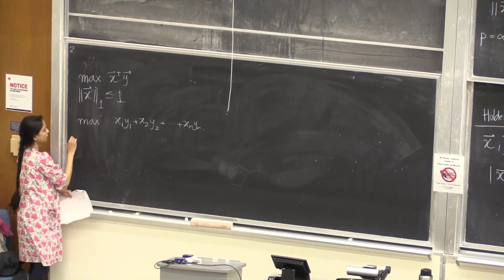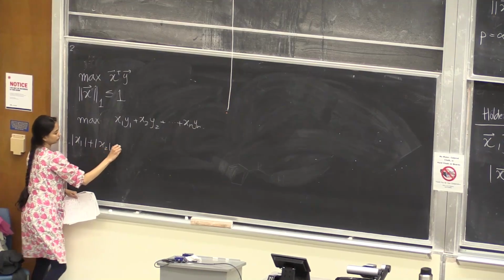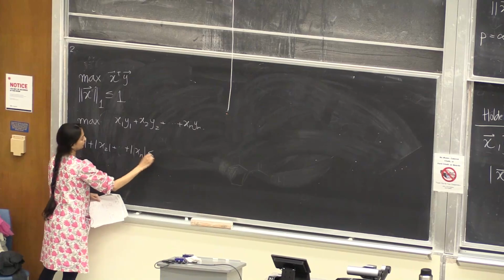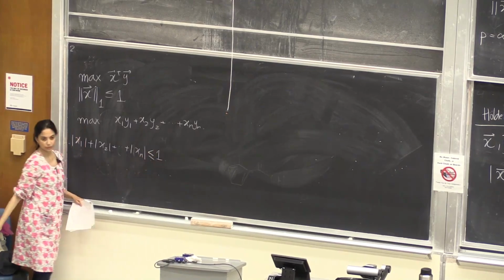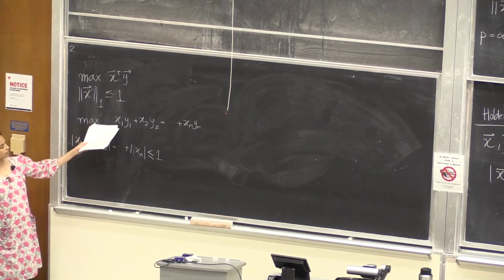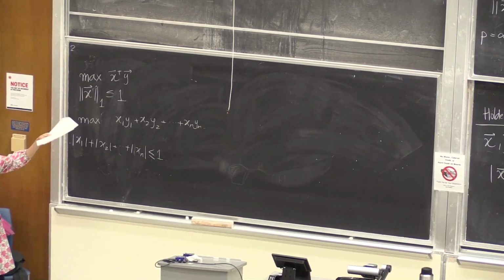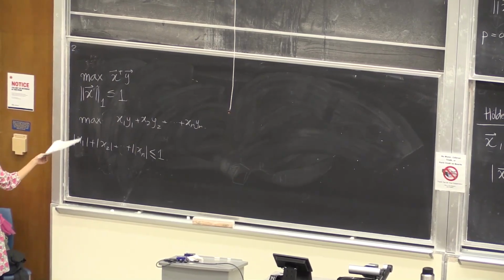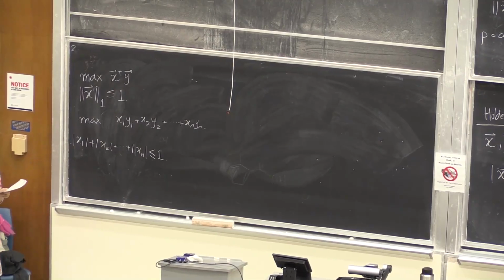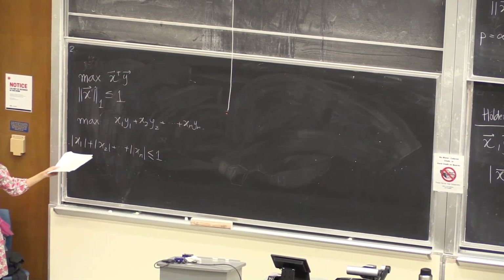And this constraint I can write as absolute value of x1 plus absolute value of x2 plus absolute value of xn is less than or equal to 1. Okay? So I'm choosing to write this not using the angle perspective here. I'm choosing to use this other perspective of x1 y1, x2 y2, xn yn, because it's more aligned to the constraint that I have.